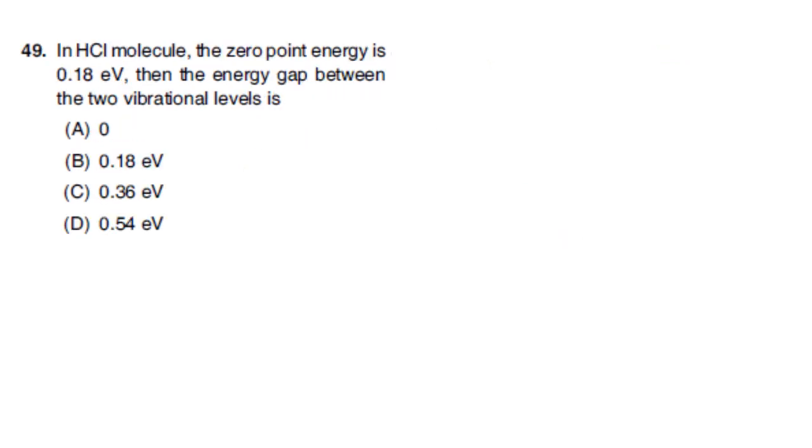In the HCl molecule, the zero point energy is 0.18 electron volt. Then the energy gap between the two vibrational levels is: we know that vibrational energy is given by (n plus half) h cross omega. Then the energy gap between any two levels, delta E, is always constant, that is h cross omega.